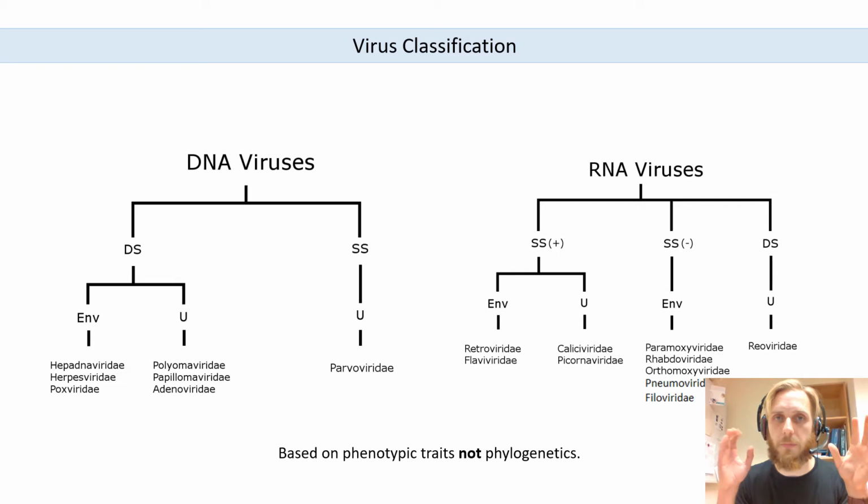Once you understand more about viruses and the way they operate and the implications of these characteristics, you'll understand just how important this is. Once you have the information in your head, you can take a step back and you can see almost patterns. You can see, oh, these RNA viruses all have this in common. These single-stranded RNA viruses all have this in common.